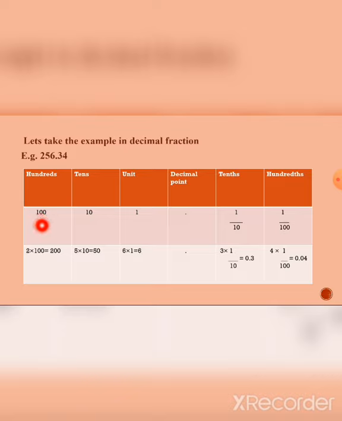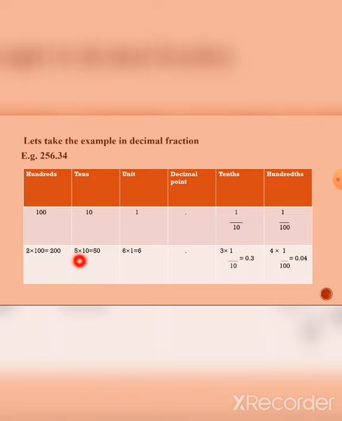The first place is 100, tens, unit, then decimal point, then after the decimal point which place values come? Tenths and hundredths. You can see over here. Now the first number is 2 and 2 is at which place? 100. So we will multiply 2 by 100. Your answer comes as 200.